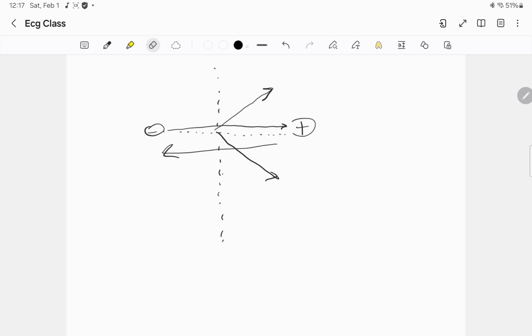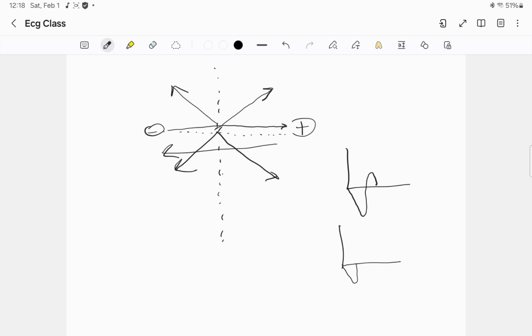Likewise, if it's going away from the positive electrode but at an angle, you'll get the reverse: a predominantly negative wave, or a negative wave that's just smaller than if the force was going directly away from the positive electrode.